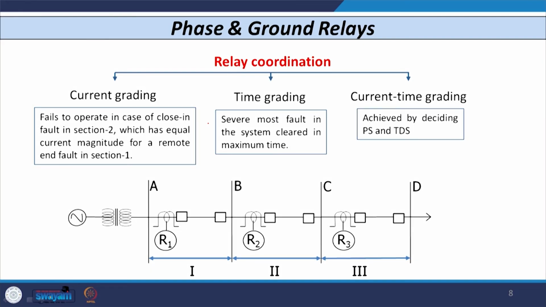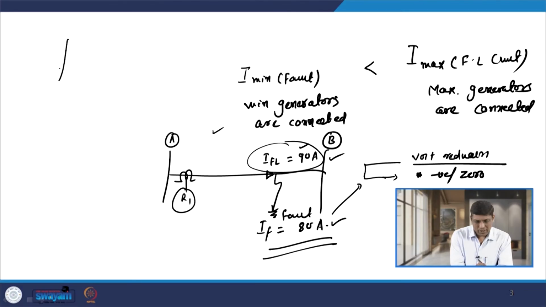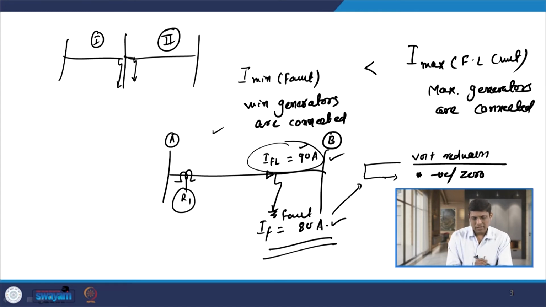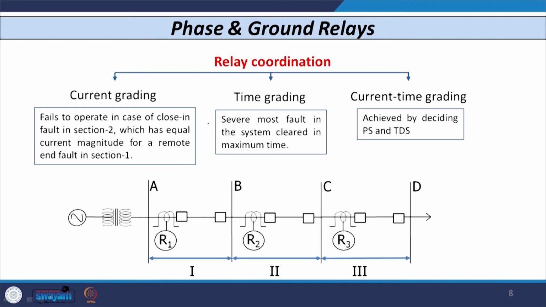So, if I consider a two section network, let us say this is section 1 and section 2, any closing fault that occurs in section 2 and any remote end fault that occurs in section 1 have almost equal magnitude. So, again it is very difficult to carry out coordination of relay based on current only.